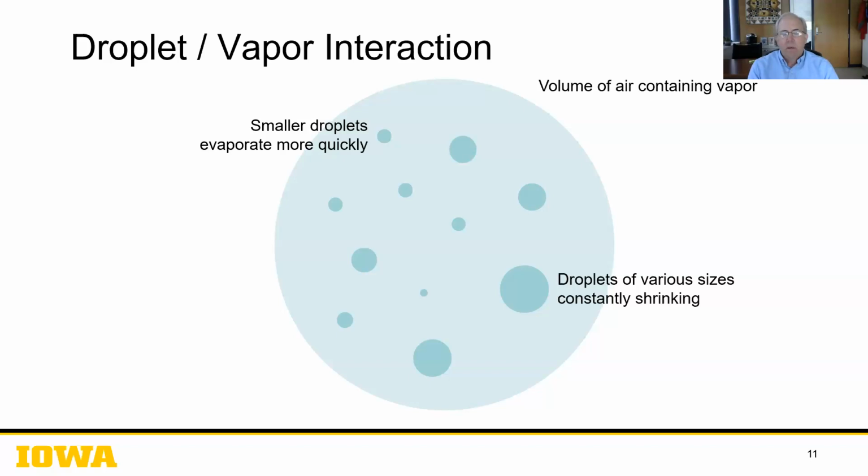And this affects the worker in terms of whether the initial droplet is so large that they can't even inhale it, or so small that before you even get them in, they have become vaporized.